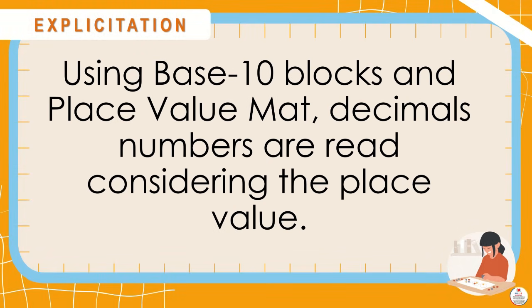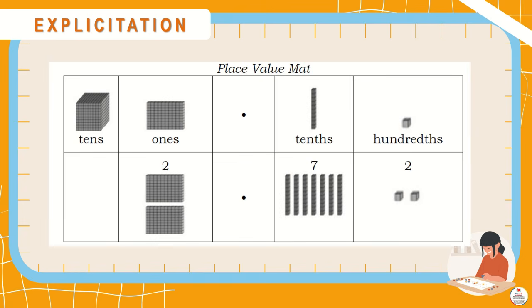Using base 10 blocks and place value math, decimal numbers are read considering the place value. For the place value math: tens, ones, tenths, hundredths. For the ones, we have 2.